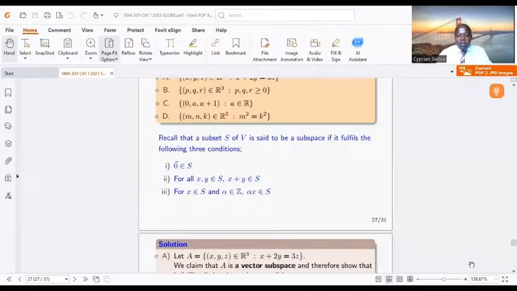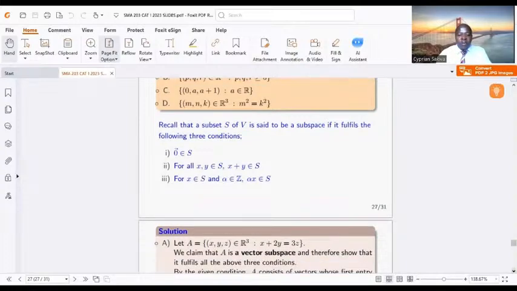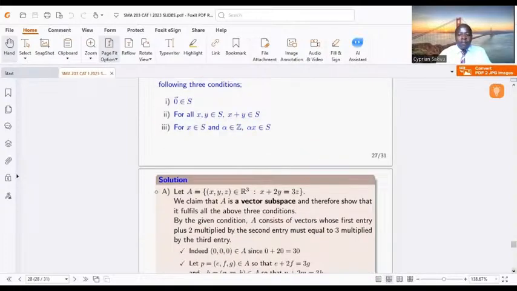So now let's go through the subsets given to us and see whether they are subspaces or not. Where there are subspaces, to tell that they are subspaces, you show that they fulfill all 3 conditions. But where you suspect that it's not a subspace, just give one example of a condition that is not satisfied.